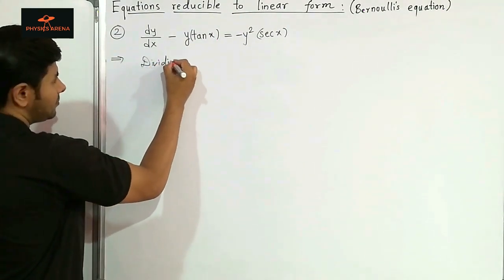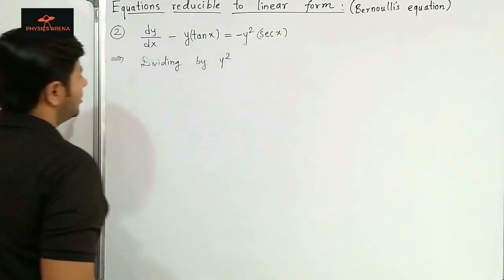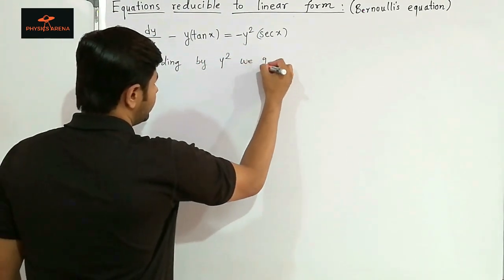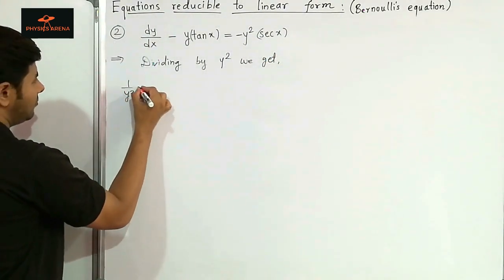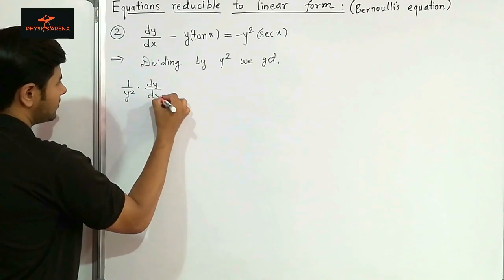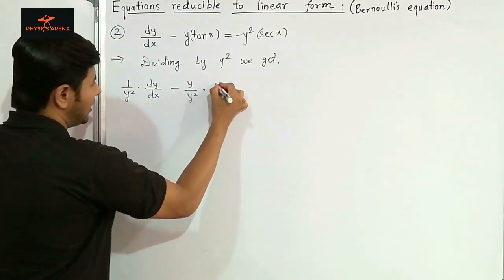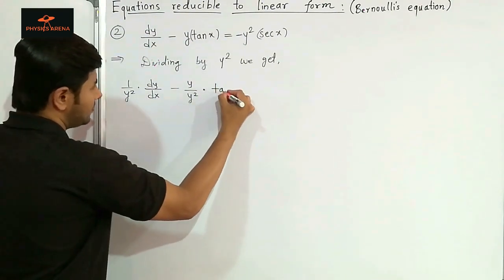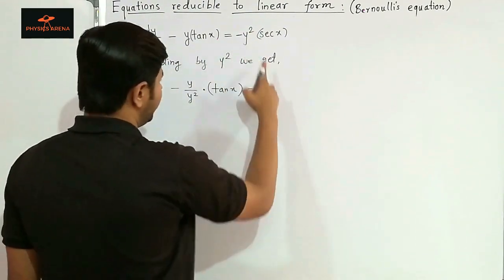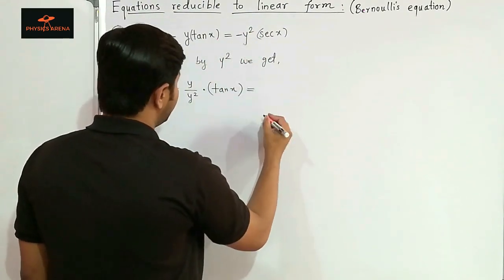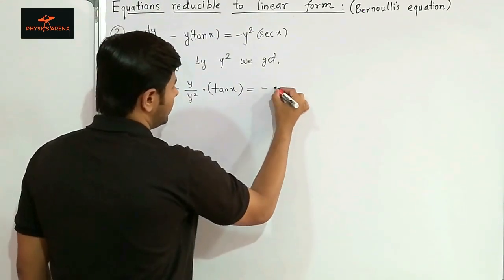Dividing by y squared, we get 1 over y squared multiplied by dy by dx minus y divided by y squared multiplied by tan x equals, the y squared gets cancelled with the y squared with which we are dividing, so we have minus sec x.